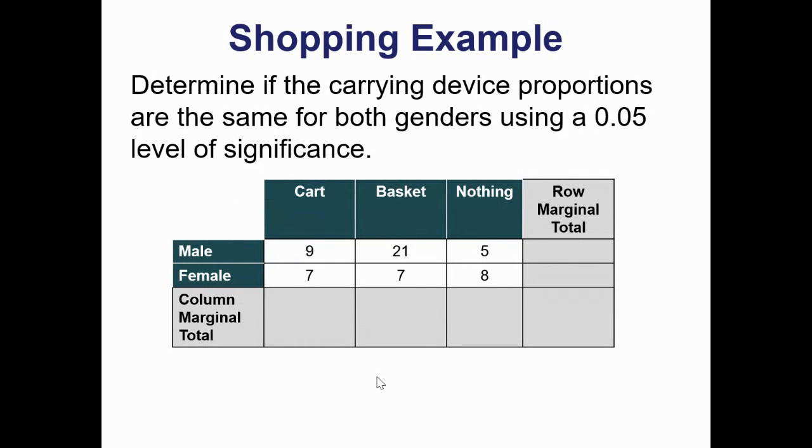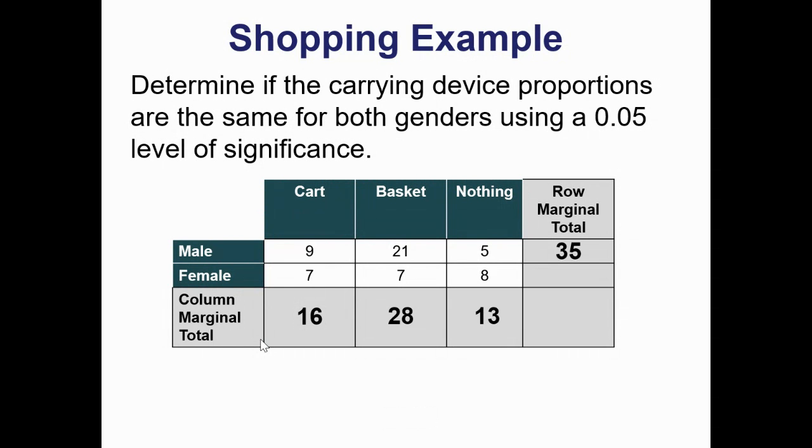The first thing we got to do is get our marginal totals. Let's go and do the rows first. Sorry, the columns first. Right? Yeah. All right. So for the cart column, 9 plus 17 is 16. 21 plus 7? 5 plus 8. Then we go through and do the rows. 9 plus 21 plus 5.